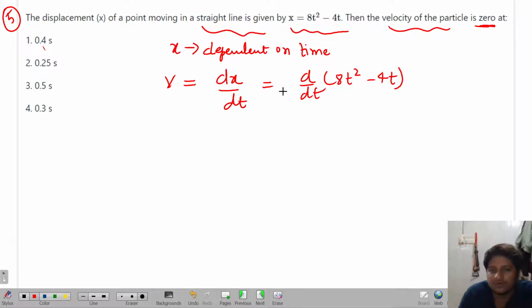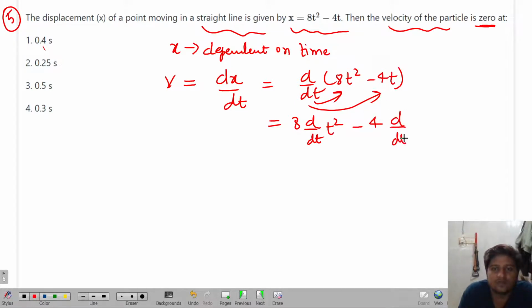Now what will be the answer? To differentiate these two terms, I have to apply d by dt to both of them. Here 8 will come outside since it is a constant, d by dt of t square, and minus 4 will come outside, d by dt of t. The formula is d by dt of t to the power of n is n t to the power of n minus 1.